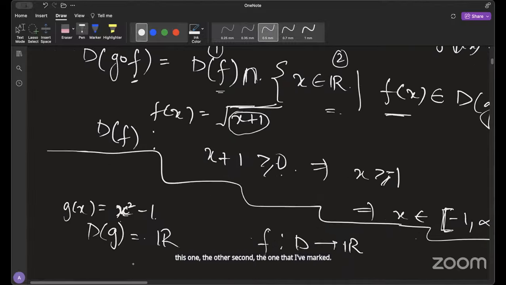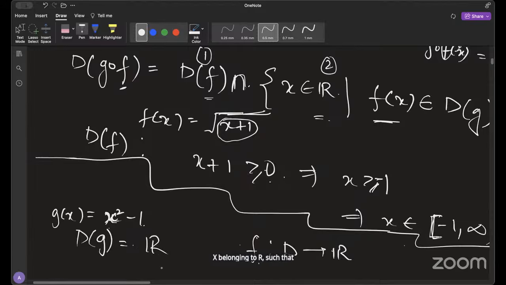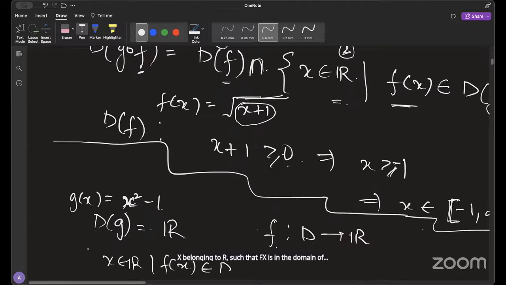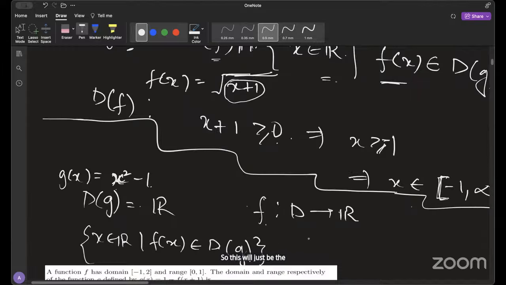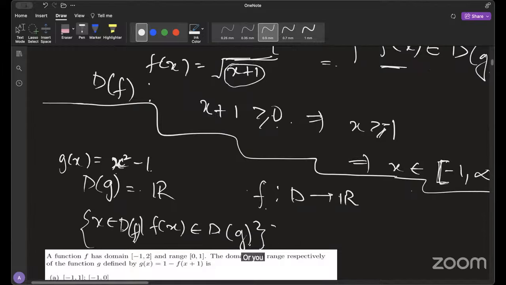This one, the second one that I marked, is in the domain of G. That's also fine. So this will just be the set of real numbers. Or you can say the domain of F. In this case, because you changed the set, this will just be the domain of F.